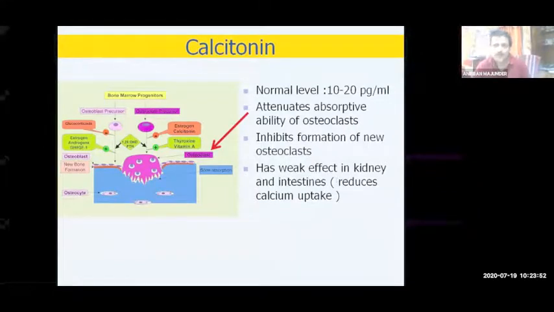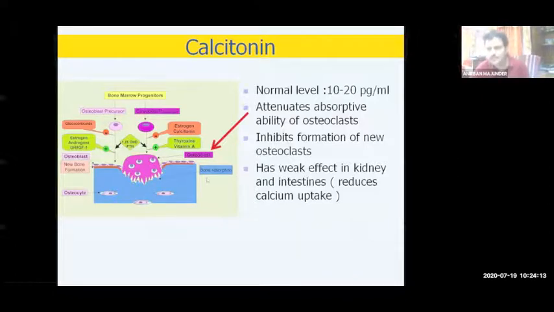Calcitonin, on the other hand, has much less influence on the remodeling process at the level of the bone. Its action is at the level of the osteoclast. It inhibits osteoclastic activity, and therefore it inhibits the bone resorption process.